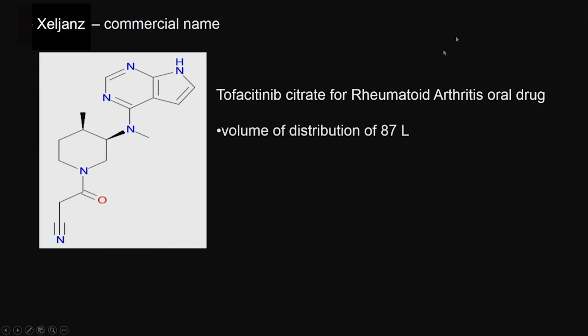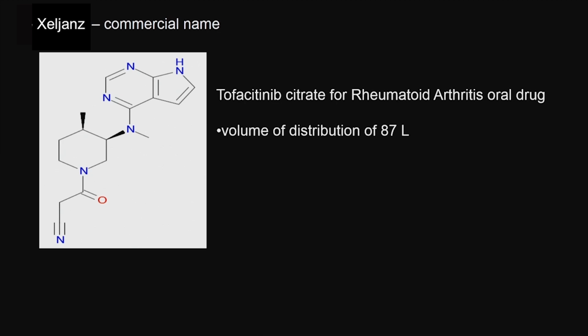The volume of distribution is 87 liters. That means it gets distributed in the blood as well as in some tissues. When you have a very large volume of distribution inside the body, the concentration of the drug goes down. So that means the effective concentration is much less.